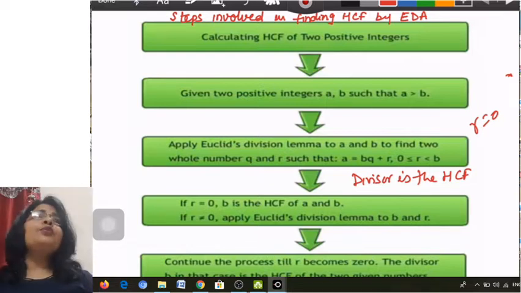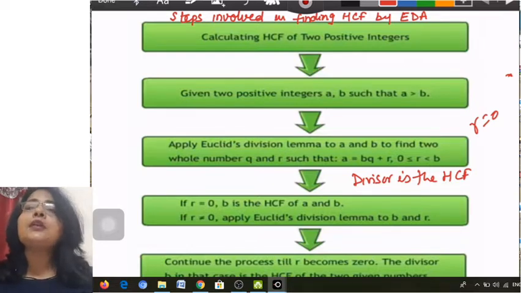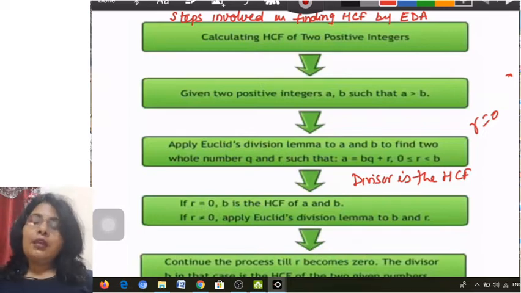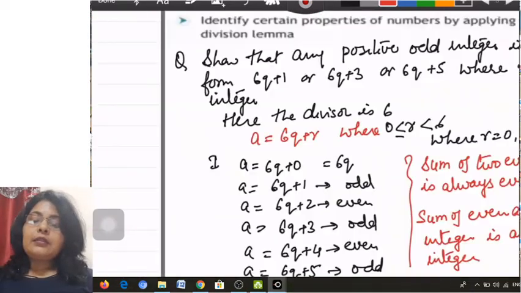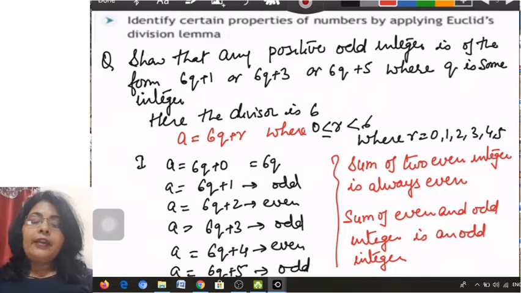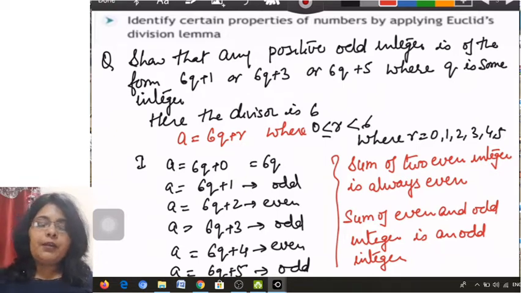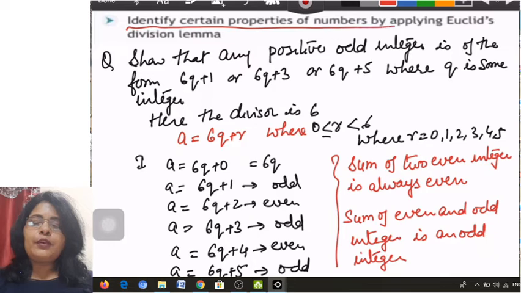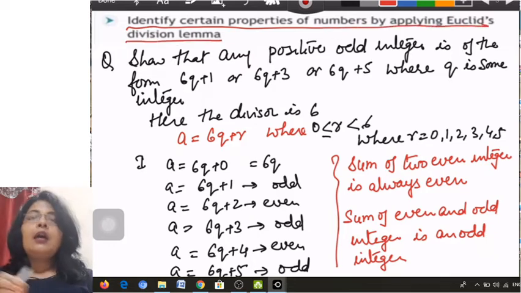Now I am going to discuss certain concepts which are sure to come in the examination: identifying certain properties of numbers by applying Euclid division lemma.